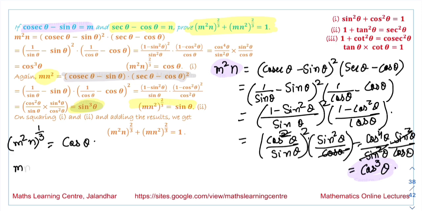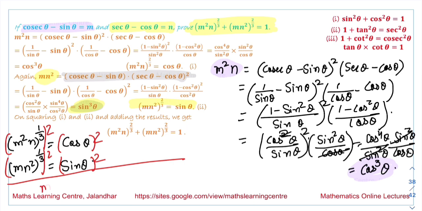Second is mn square raised to the power 1 by 3, that is equal to sin theta. If we square both these equations and add both these equations, the answer we will get is m square n raised to the power 2 by 3 plus mn square raised to the power 2 by 3, that is equal to 1.